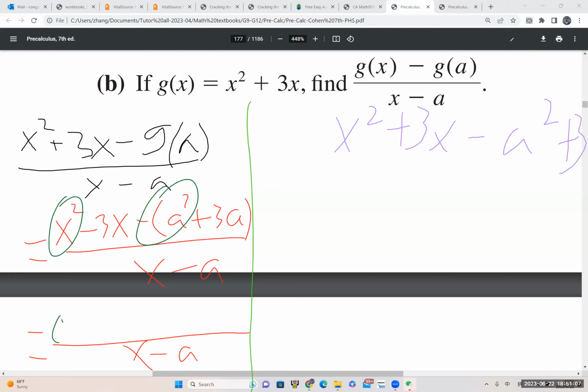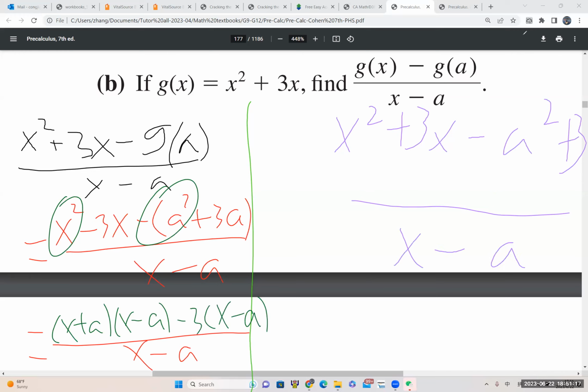So factorize: X plus A, X minus A, right? Then negative 3, X minus A. So you can cancel, let me cancel this for you, right? Then what's left is X plus A minus 3, right?